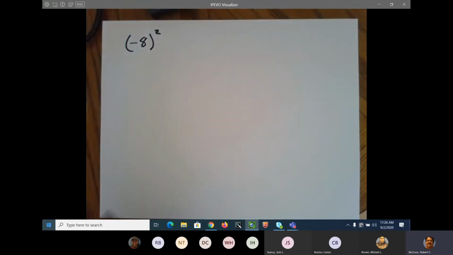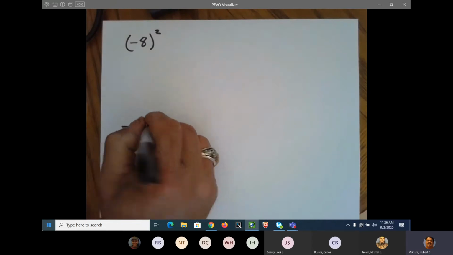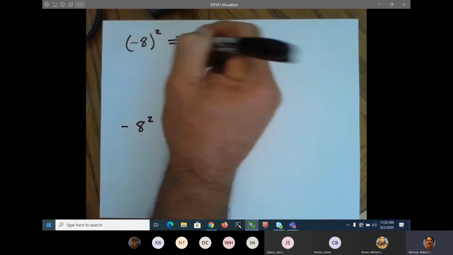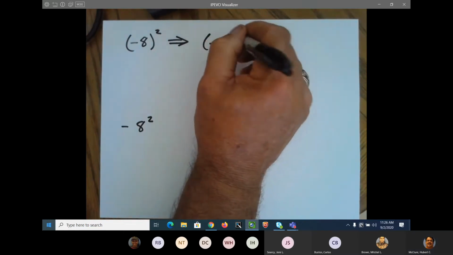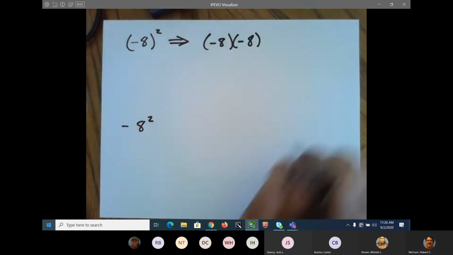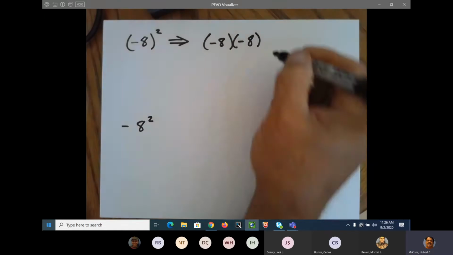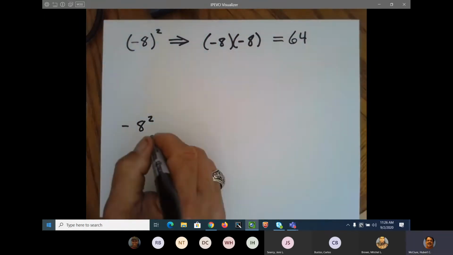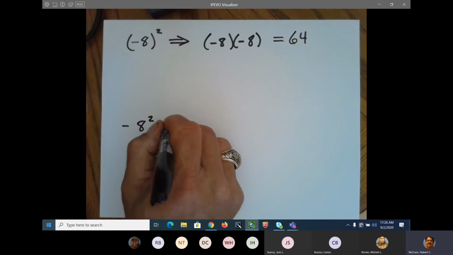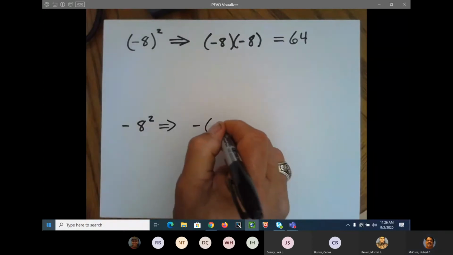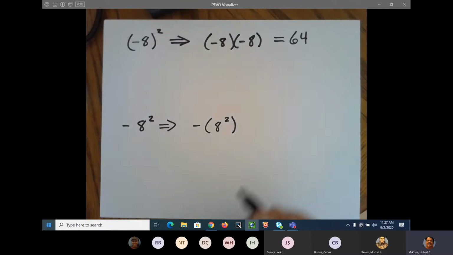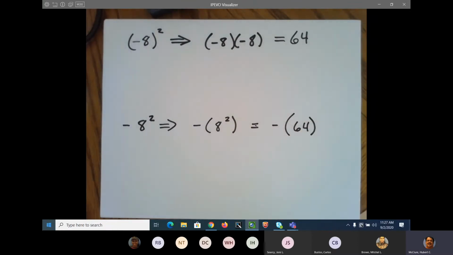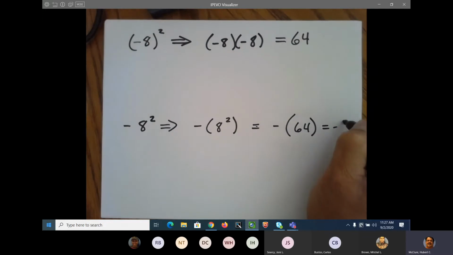The other choice is that it's not inside the parentheses. This can be written like this, and that is positive 64. This can be rewritten like this, which is negative 64 in parentheses, and then that's equal to negative 64.